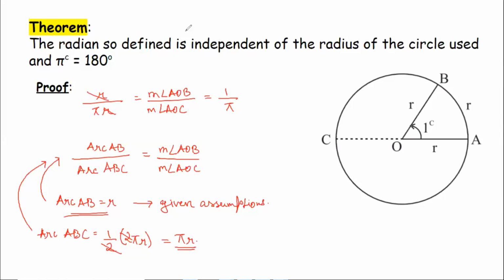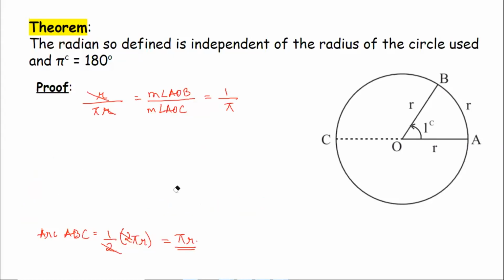So solving this further, I'm erasing the part below now. I hope you guys have noted it down. The moment I write on the screen, it's expected that you note this down in your notebooks. Okay, so the next step, we can write measure angle AOB is equal to 1 by pi times measure angle AOC.